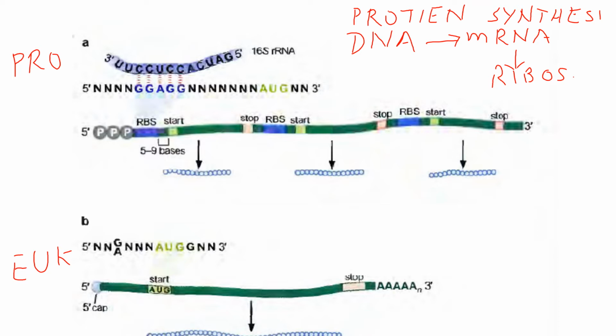Now let us first understand prokaryotes. In prokaryotes we find that there are multiple start sites and stop sites. Here you can see start site, stop site, start site, stop site. One start and one stop site is involved in synthesis of one protein.